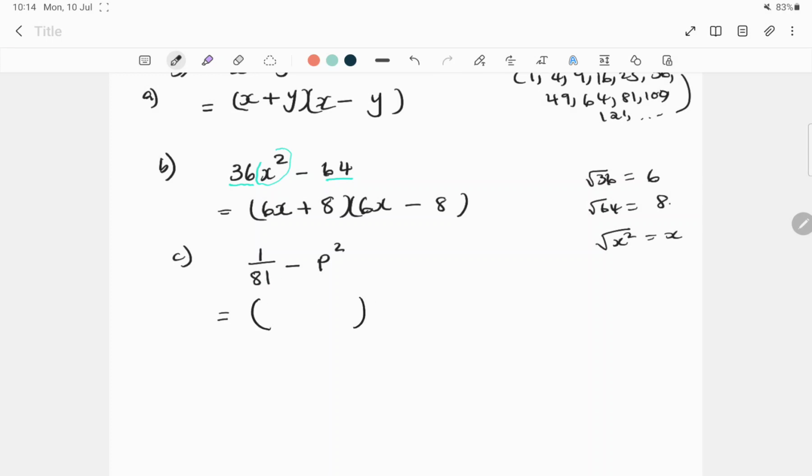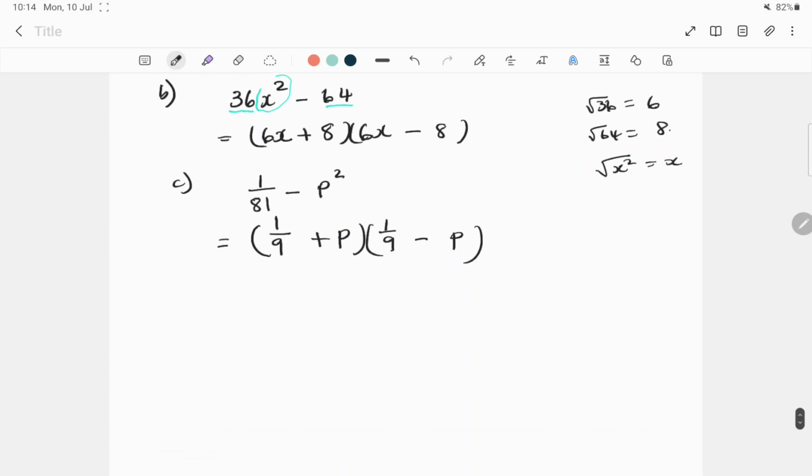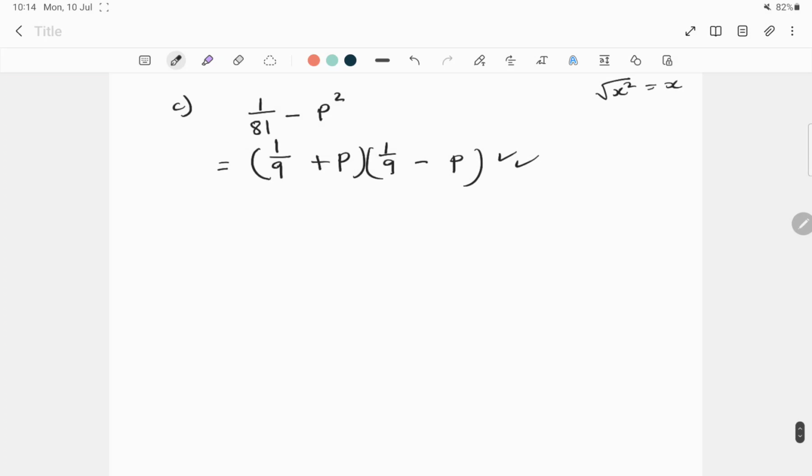You open two brackets. It's going to be 1 over 9, 1 over 9, p, plus and minus. It's easy, guys. You only get 2 marks or 1 mark for it. But now, what about this one?